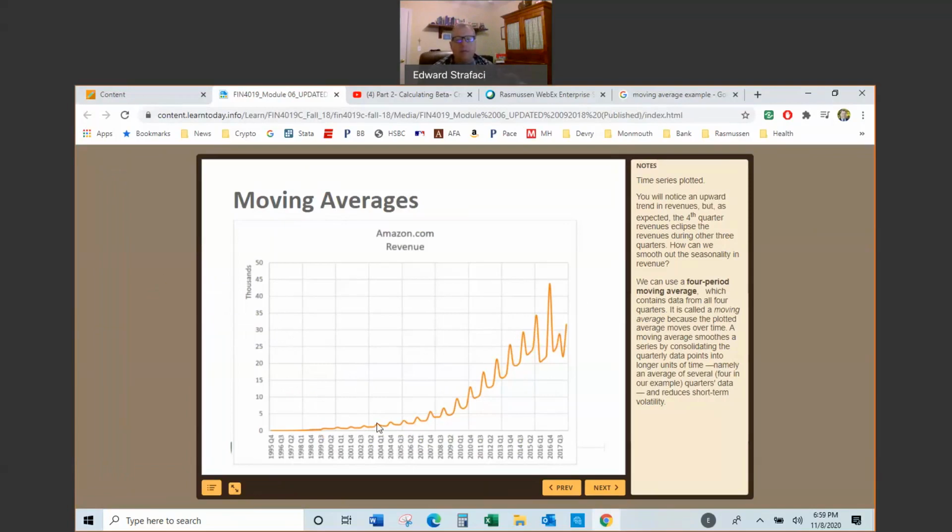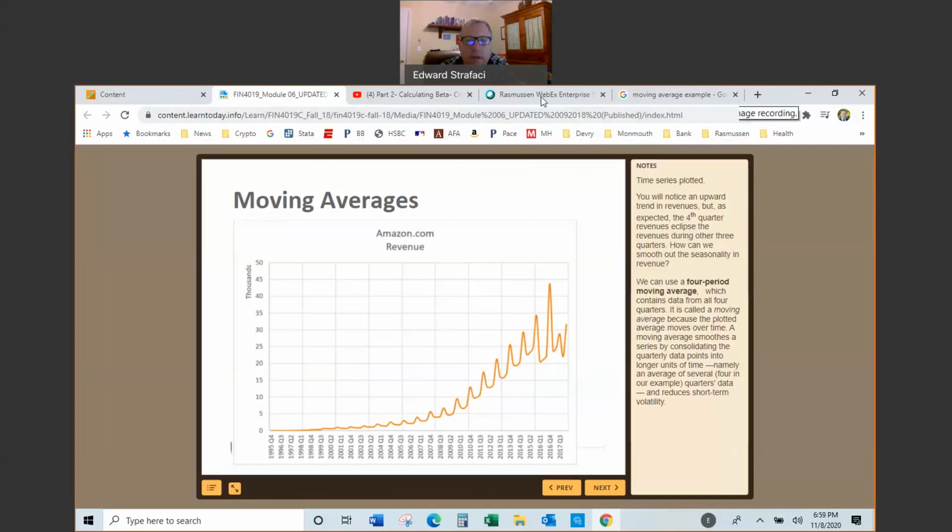We're going to always get these volatile periods in life, in any kind of nature. Think about the weather. If you look at weather on any particular day, you might get a weird day. You might get a very hot day, a very cold day. But when you start averaging them out over 50 days, you get a much smoother trend. And that's the benefit of getting this moving average. This is a 4-period moving average, where we take data from all 4 quarters and we find the moving average by plotting the average moves.